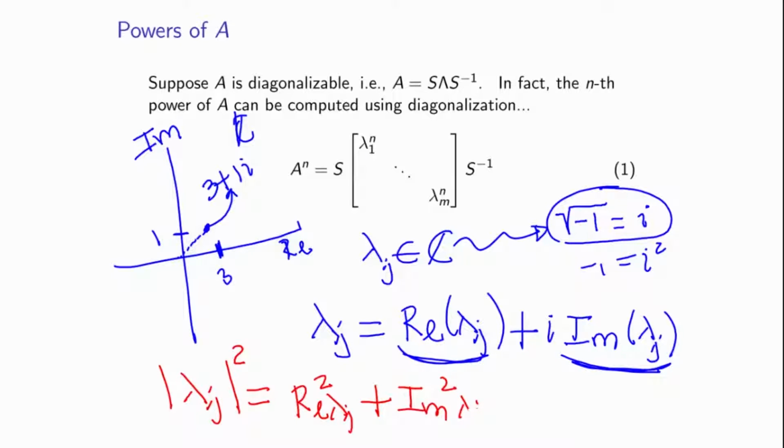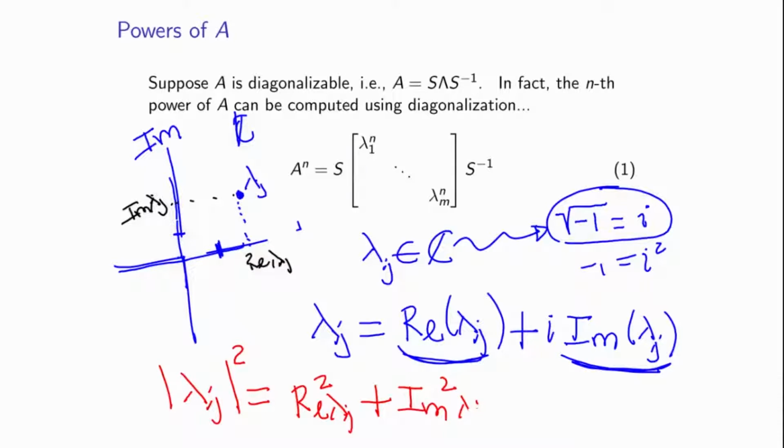That is still measuring. Maybe I can modify this a little bit, right? So I'm going to say, consider this number here. I'm going to call that number lambda j. So this has a component here called the real part of lambda j, and here this is the imaginary part of lambda j. So when we talk about this modulus, this here is the modulus of lambda j.